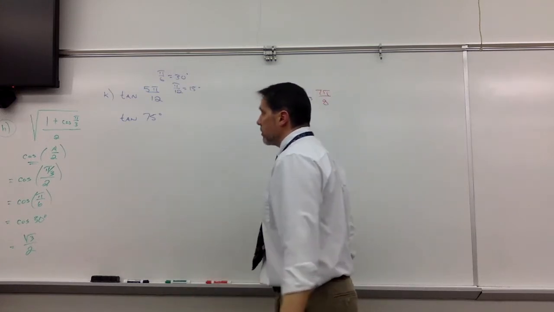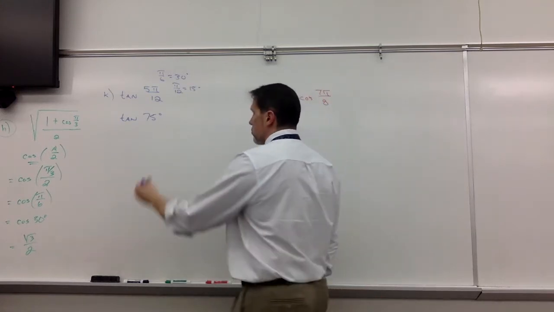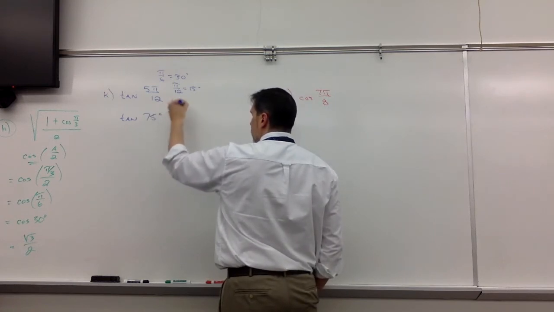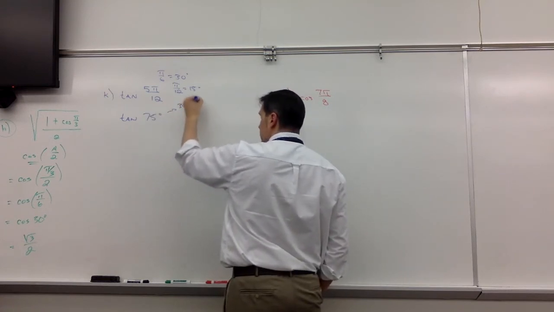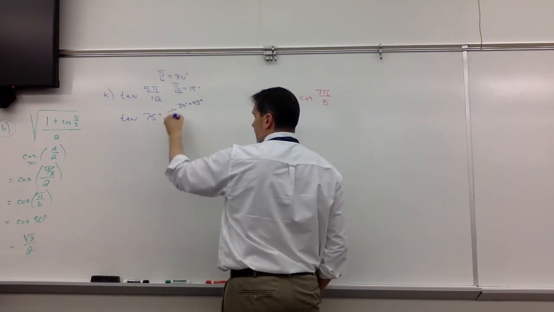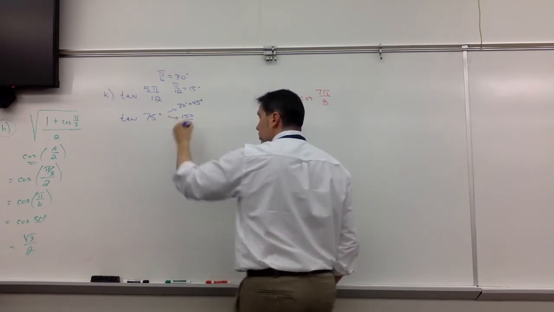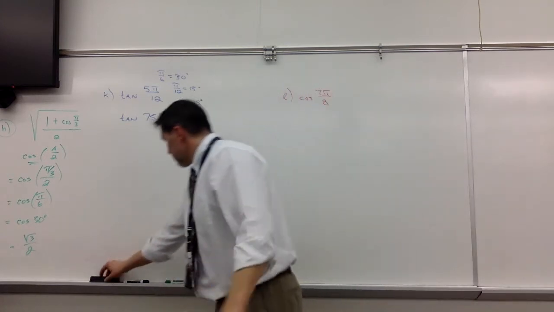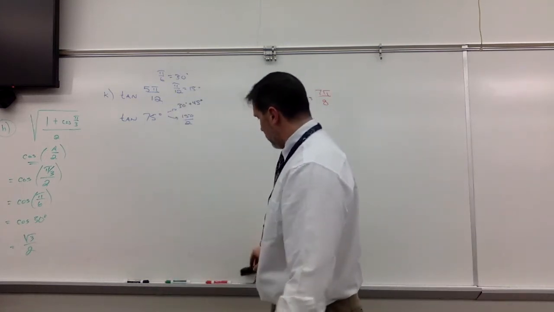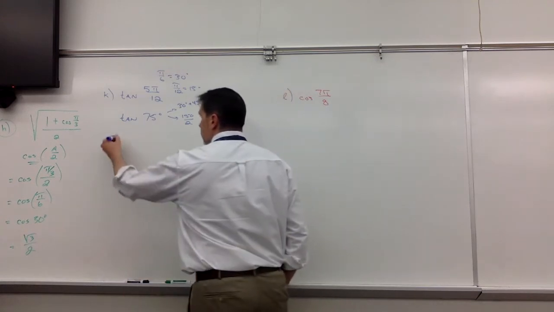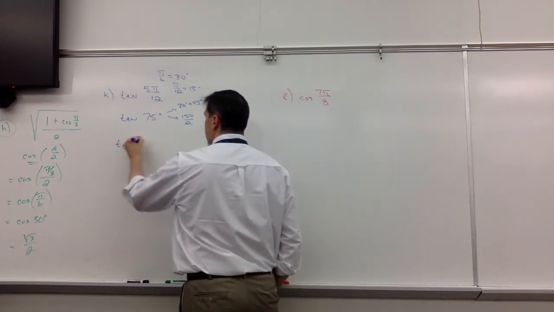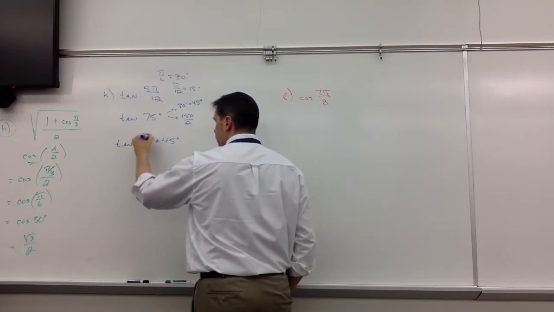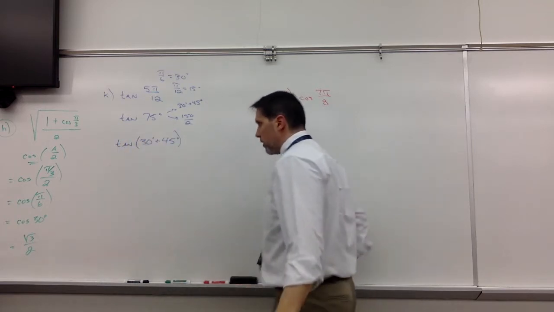All right, 75 degrees, well, we can split this up into a 30 and 45 like we did before. We could also do a half angle, 150 over 2. That would work as well. For this one, I'll probably just do the sum formula. So I'm going to split that up into a 30 plus 45, and see what we get here.